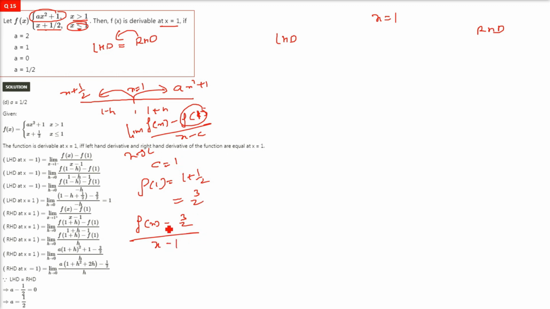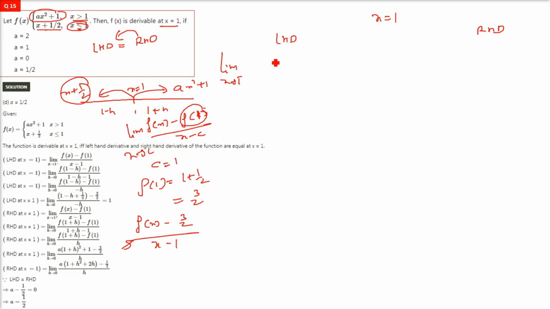This is a simplified version which I made, and we are going to put f(x) depending upon left and right what we are taking. Here the f(x) has to be put what? If you go to the left, it is x plus 1 by 2. So limit x tends to 1 minus, that is on the left.